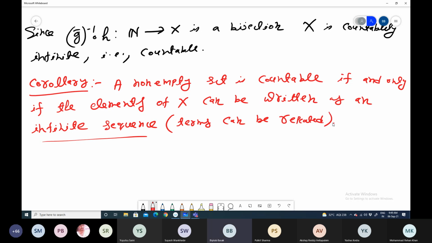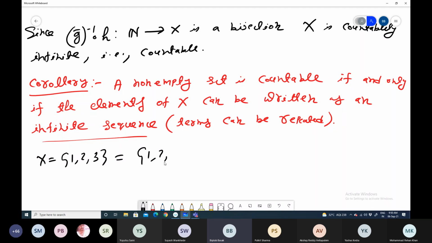For an example, suppose your set is {1, 2, 3}. This is countable. But it is given that a non-empty set is countable if and only if the elements can be written as an infinite sequence. So, but this is a finite sequence, right? How can you express this as an infinite sequence?